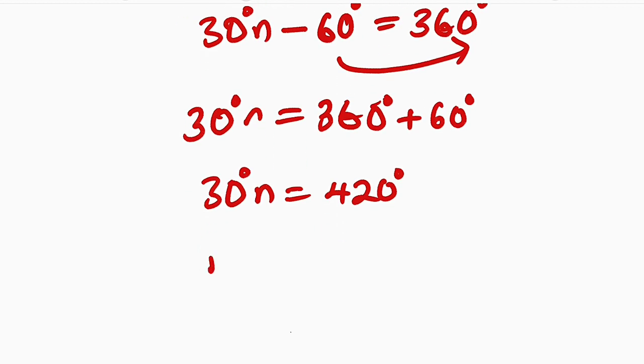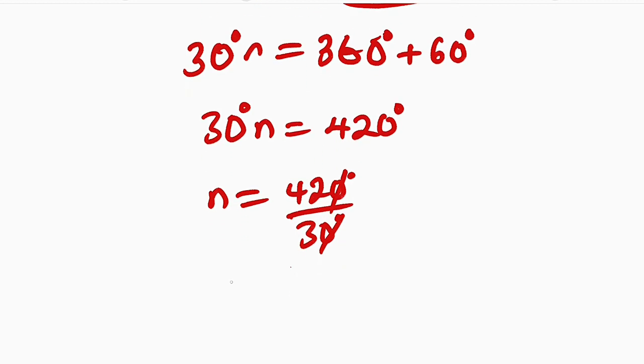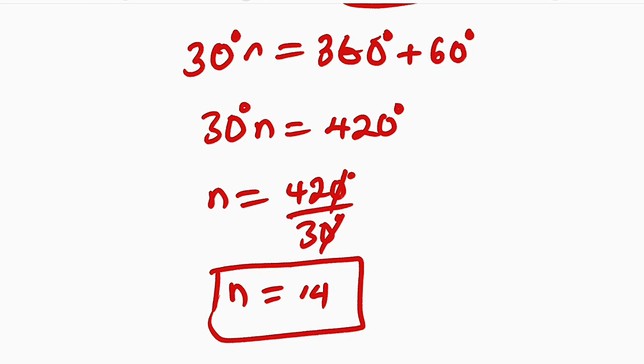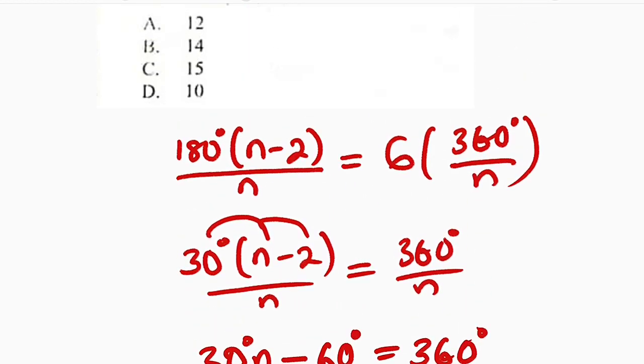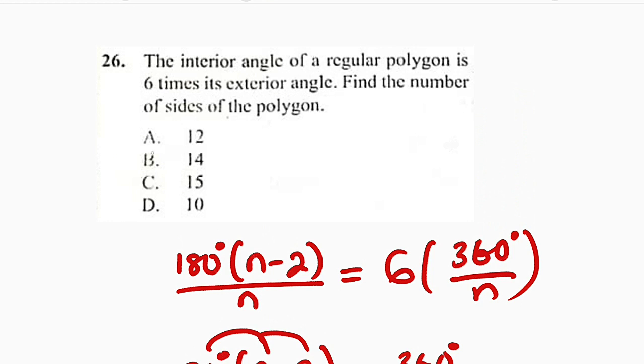Divide both sides by 30, n equal to 420 divided by 30. Zeros will cancel, and 42 divided by 3 is 14, and hence n is equal to 14. So it means that that particular regular polygon has 14 sides. Let's check the option. We have it as option B. So now let us move on to question number 27.